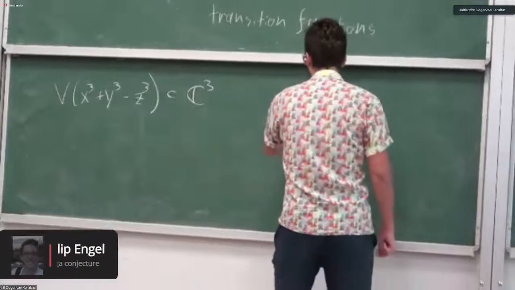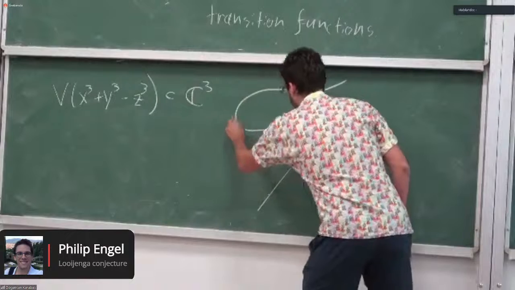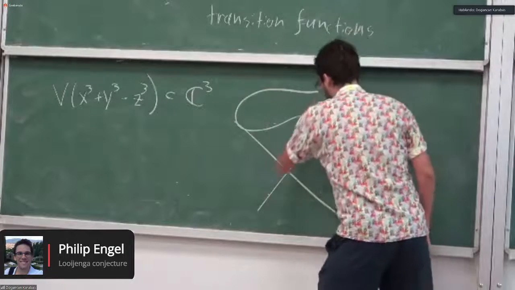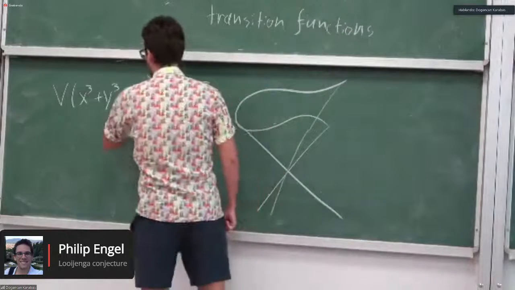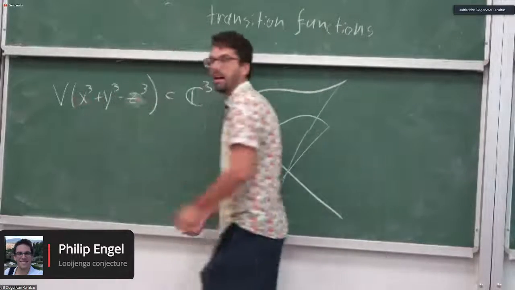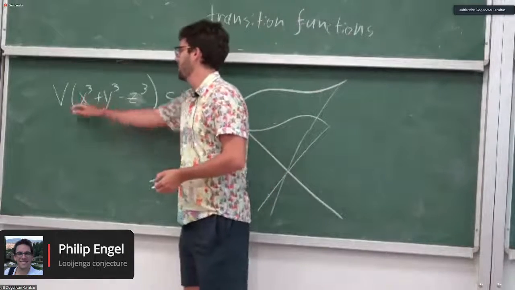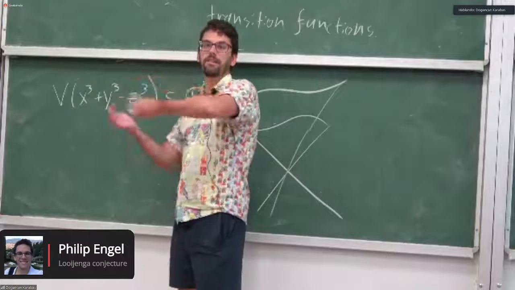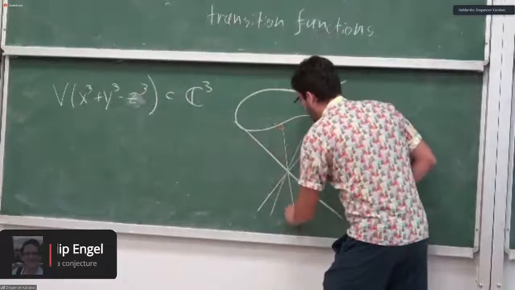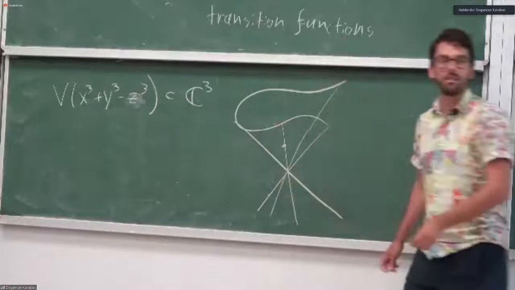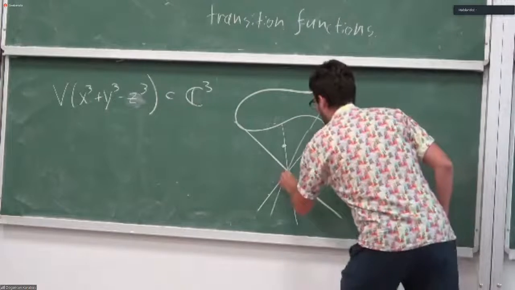And here, we have some sort of cone-like shape, right? Because this is a homogeneous equation, right? So every term is degree 3. And so if we scale a solution to this equals 0, we would get another solution to this equals 0. If we have a solution, then the whole line containing that point through the origin is solutions. So this is okay.